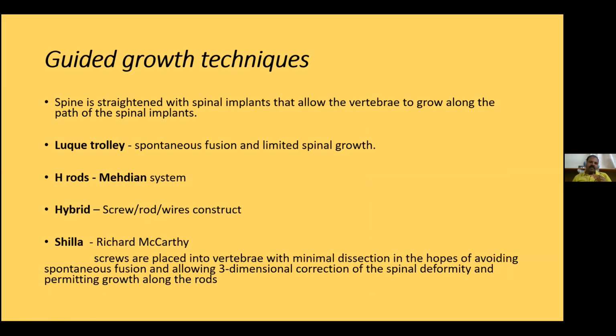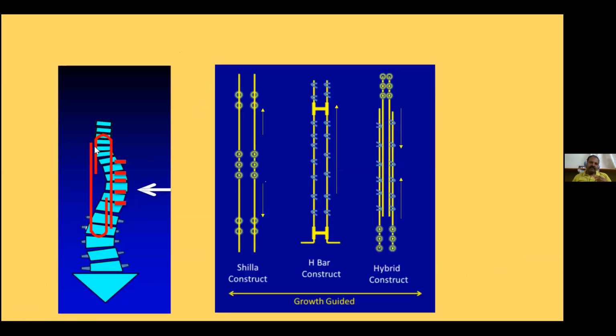So the next one is the guided growth techniques, or self-growing rods, as they sometimes call it. Again, it all started with Luque Trolley years back, where you see something like this.